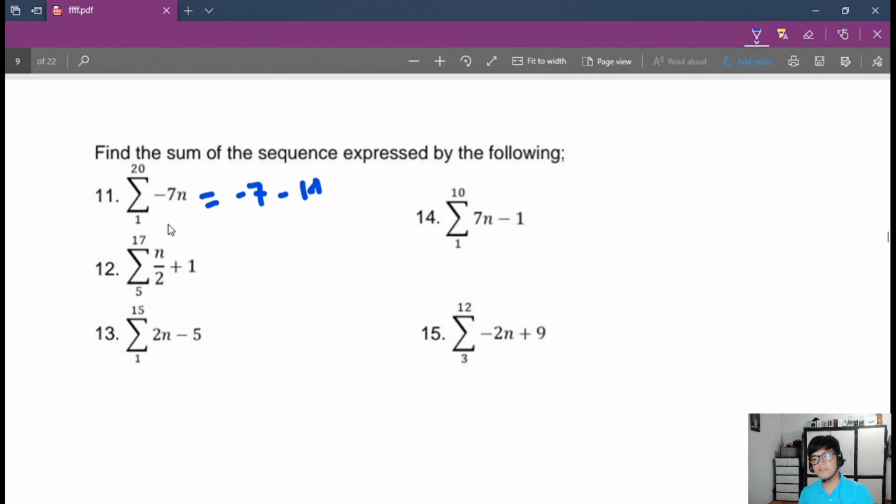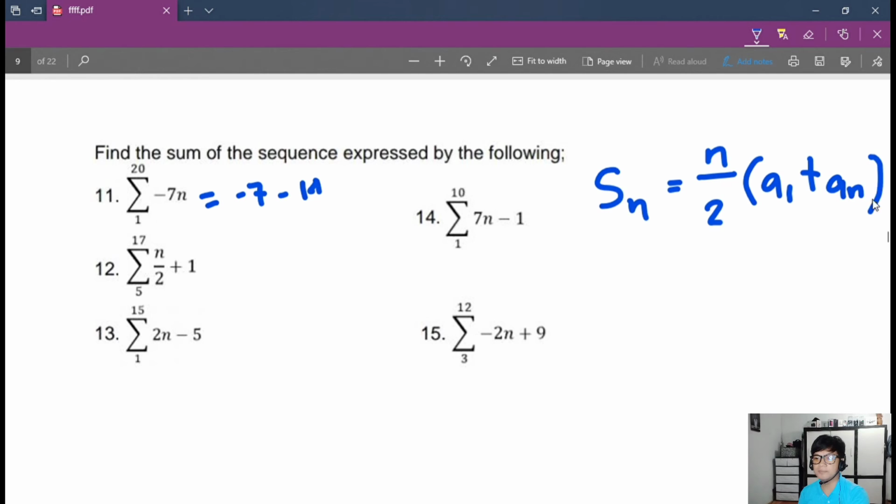Pero, by the use of the formula, meron man tayo, ang kailangan lang natin i-identify para makuha yung sum, according dun sa formula, yung first formula, yung S sub n is equal to n over 2 times the quantity of the first term plus the n term or the last term.